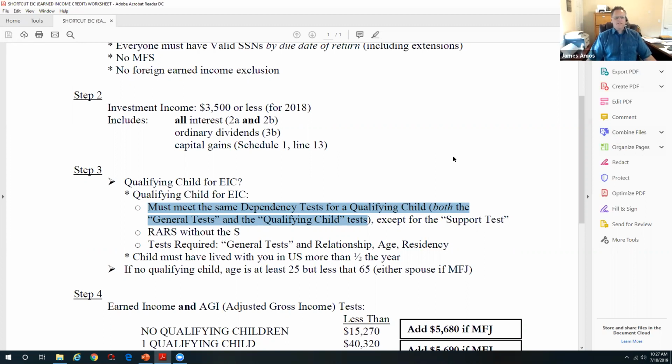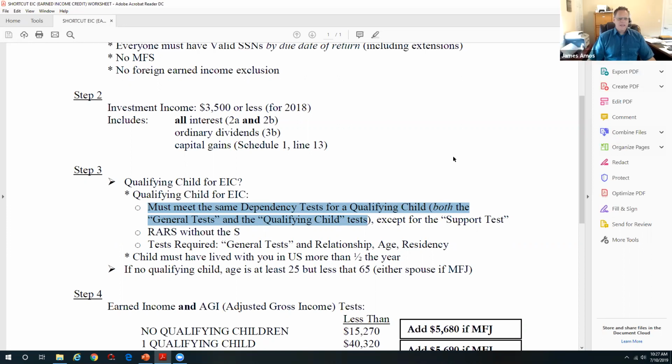Perfect. What does the A stand for in RARS? Age test. What does the age test say? Under 19. That's only part of it. Full-time student under 24, or permanently and totally disabled. Perfect, that's it.